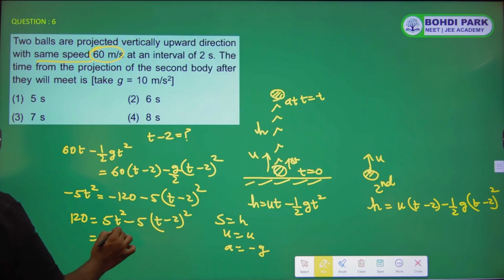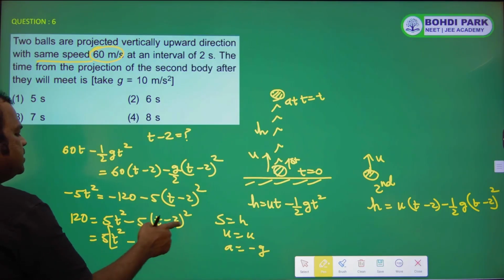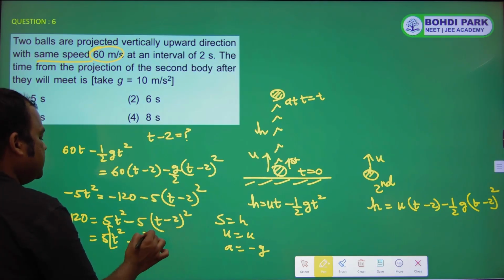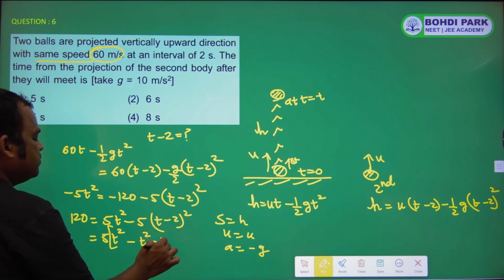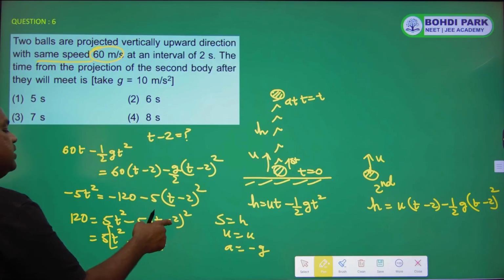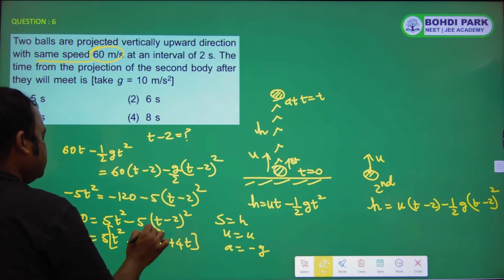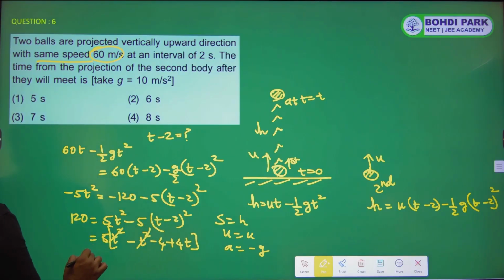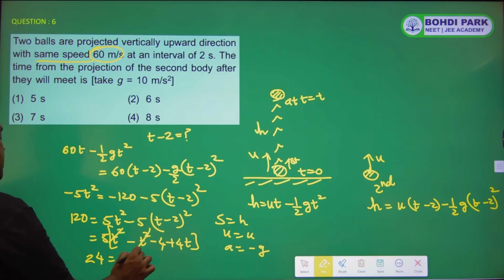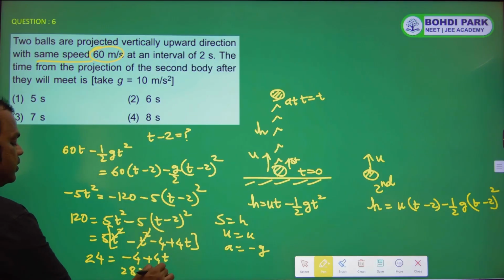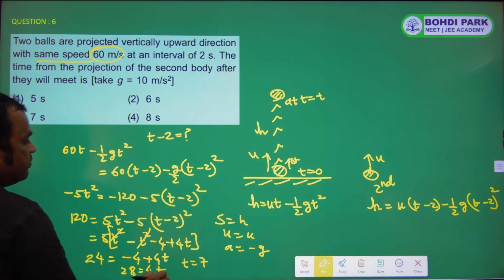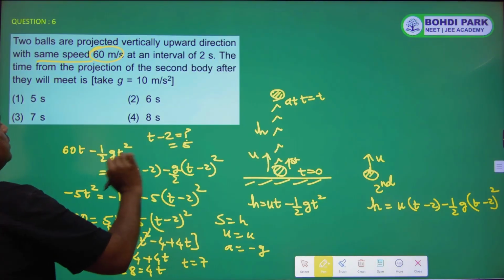So this is 5t square, 5 common, so t square minus then t minus 2 whole square, so t square plus 4, so this will minus 4, then 2ab, so that is 4t minus 4t, so it will become plus 4t, t square cancel, so this is 24 is equal to minus 4 plus 4t, so 28 is equal to 4t, so t is equal to 7, so t minus 2 is equal to 5.